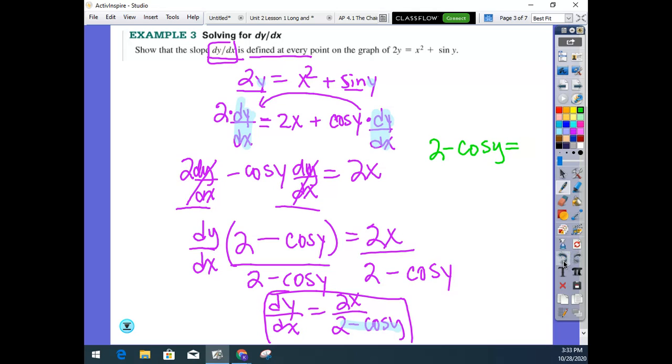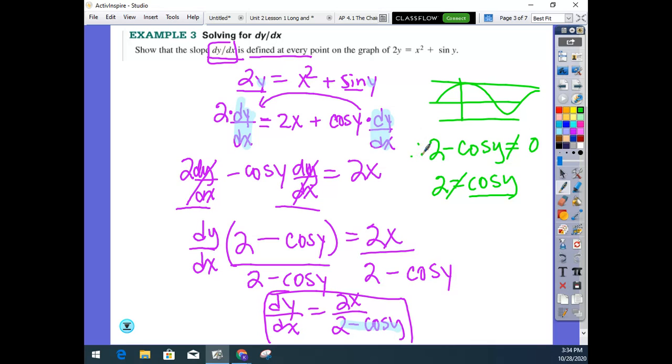All right, so let's consider what would make it equal 0 is if I add cosine to the other side. Think about cosine of any value does not ever equal 2. Think of your cosine curve. It's always between 1 and -1. Cosine never equals 2. Therefore, 2 minus cosine y never equals 0, and it is defined.